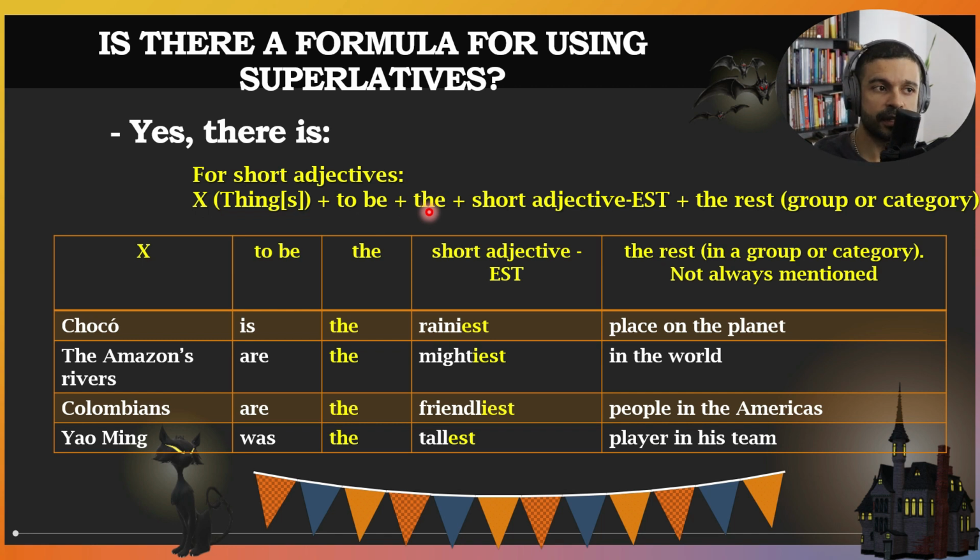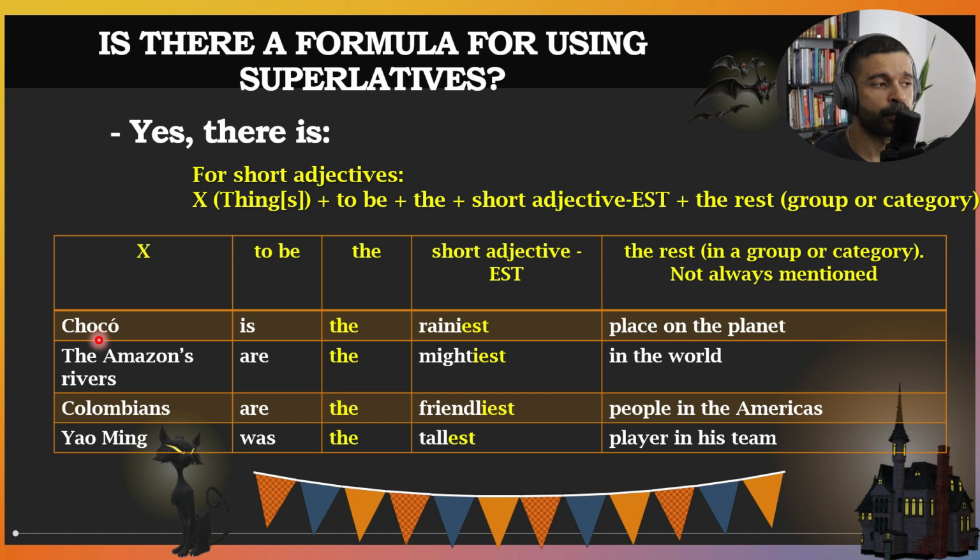Remember, we cannot omit this article for making superlatives. Then the short adjective. In this case, the suffix is not er, it is est, very important. We put this thing or things on top of the rest of things or individuals in a group or category. It's not like we are comparing in equal positions, we're saying this is the top.